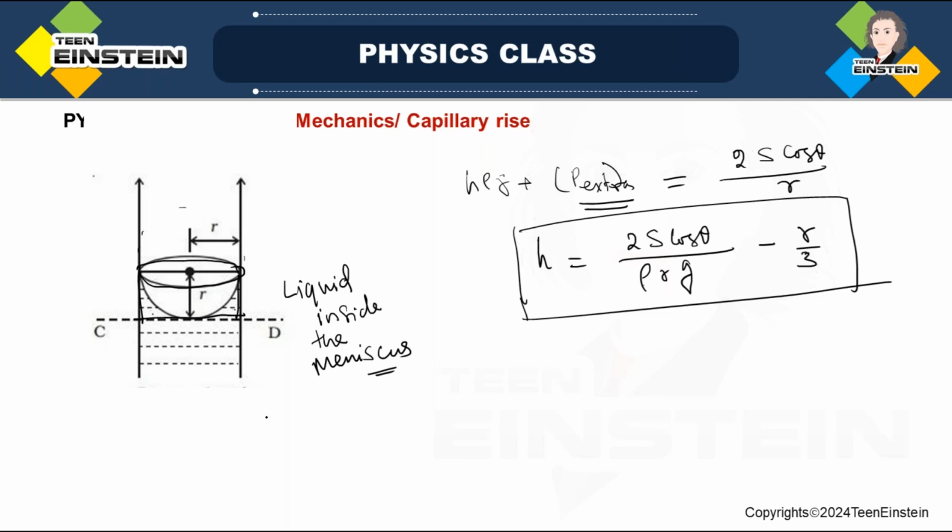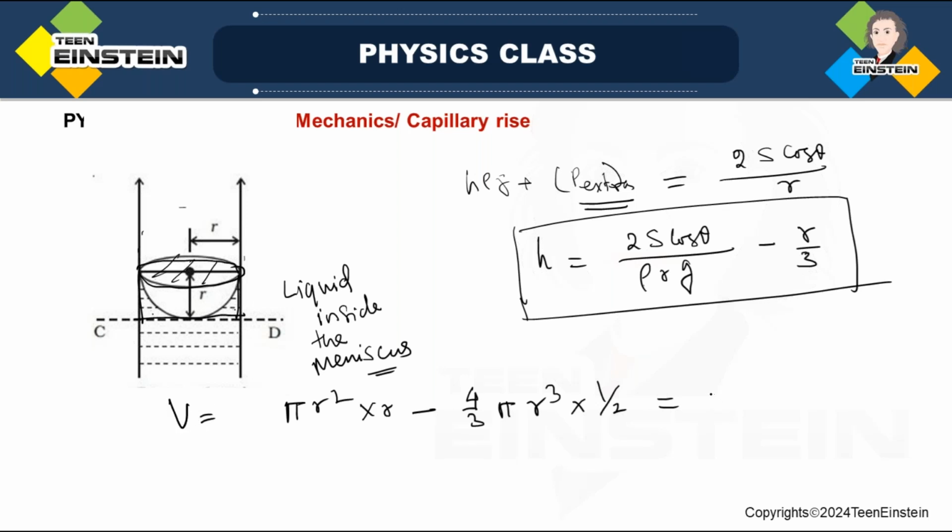So that is pi r square, the plane surface, into height. Height is actually r only because this is the radius of the hemisphere. This is the whole volume of the cylinder minus the volume of this hemisphere, that is 4 by 3 pi r cube into half. So this is the volume of the liquid inside the meniscus.